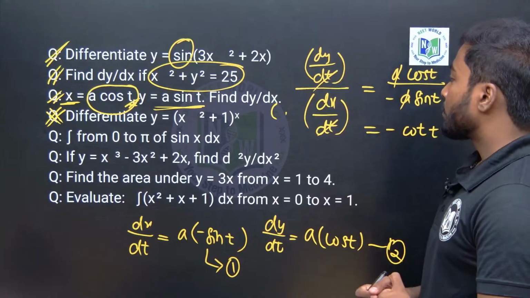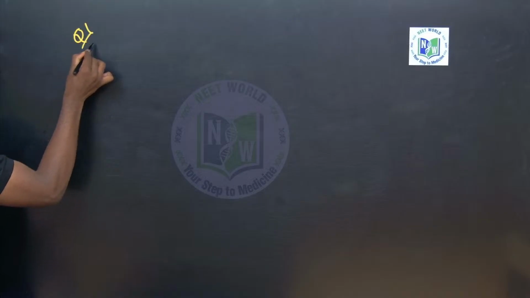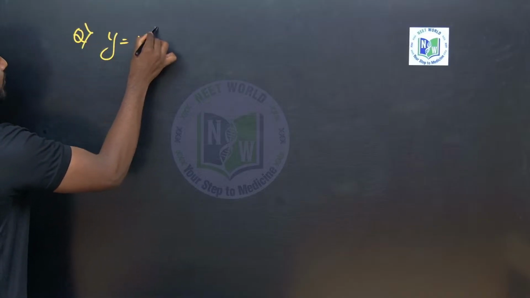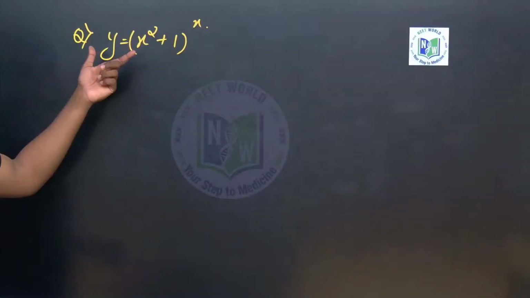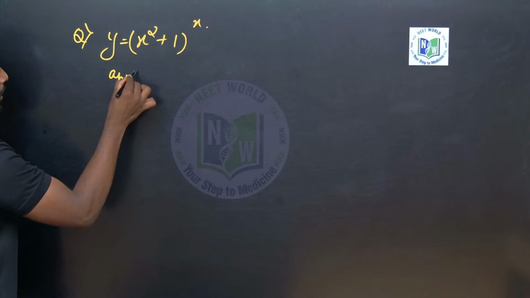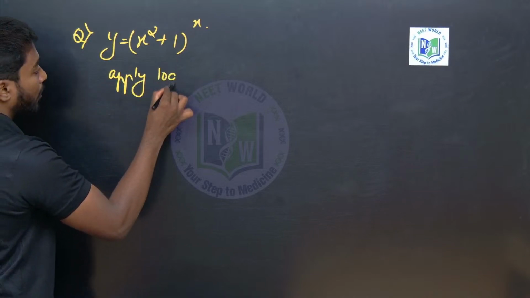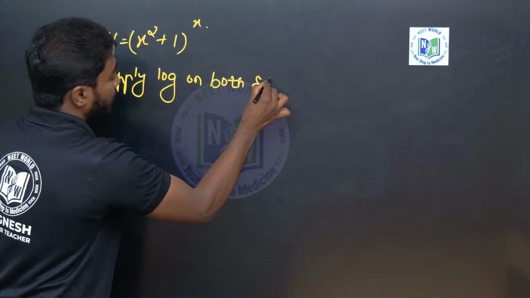So y = (x square plus 1) power x. I will write the question here. Whenever this kind of problem is coming, apply log on both sides.